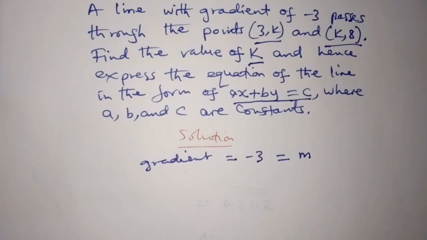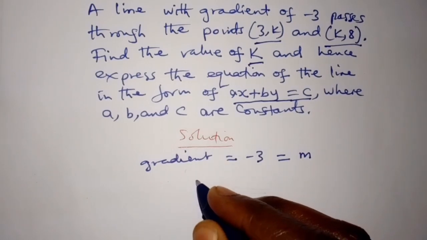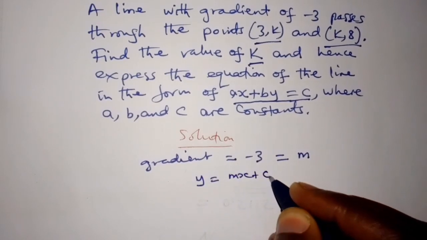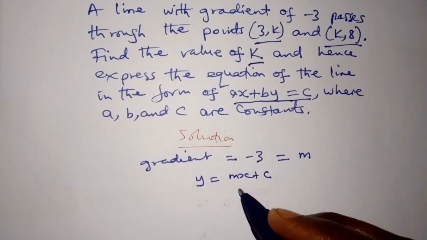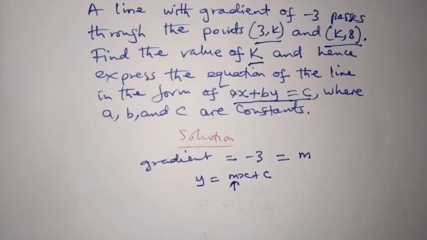Normally the equation of a straight line is given by y is equal to mx plus c, where m is the gradient.